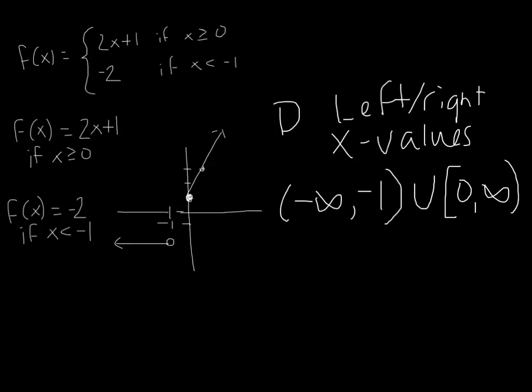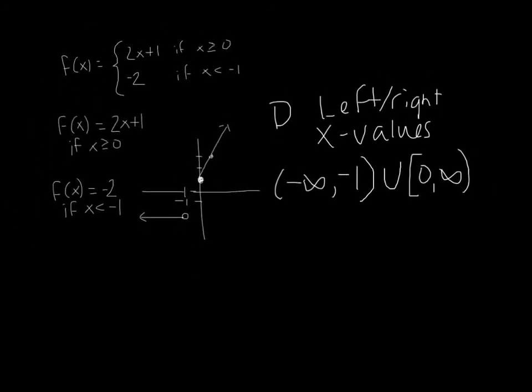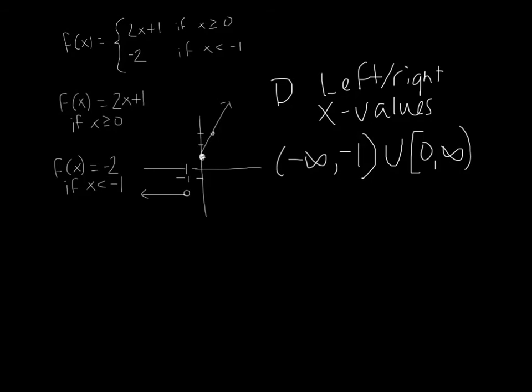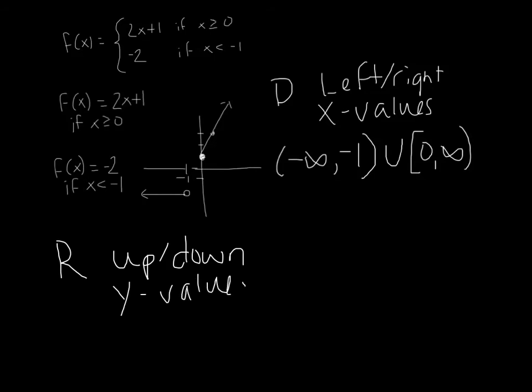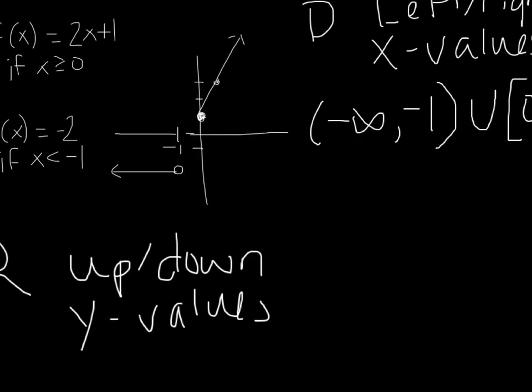Okay, now let's do the range. Let's go over here. Remember, the range is how far up and down the graph goes, and that's because you're considering the y values. So let's look at the graph. Let's do how far down the graph goes first.